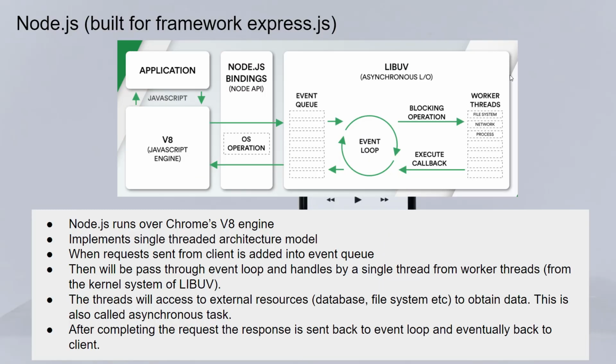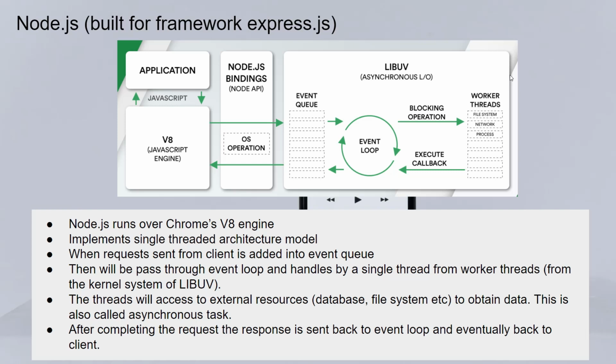This is Node.js. We often use Node.js for building back-end services like APIs, web apps or mobile apps. Node.js runs over Chrome's V8 engine. It implements a single-threaded architecture model.